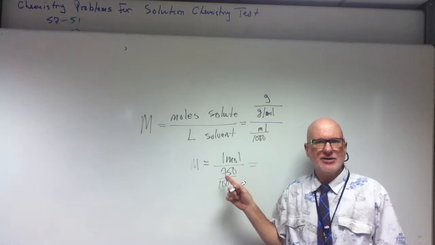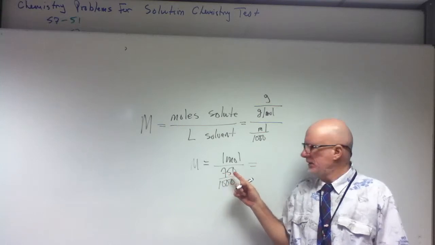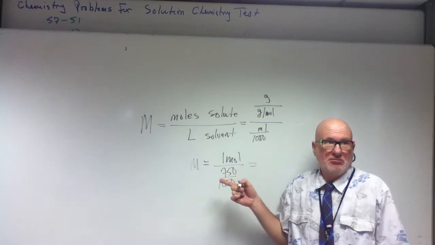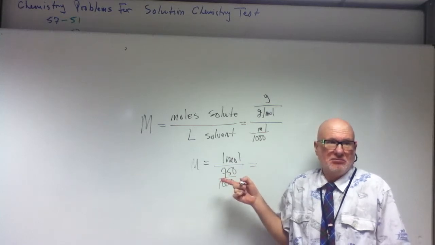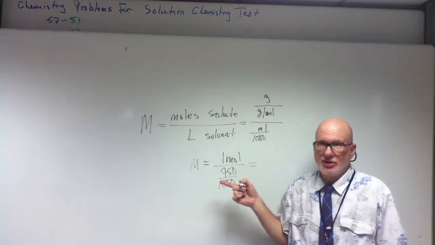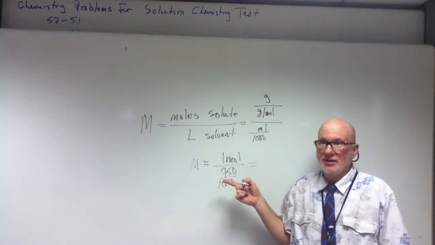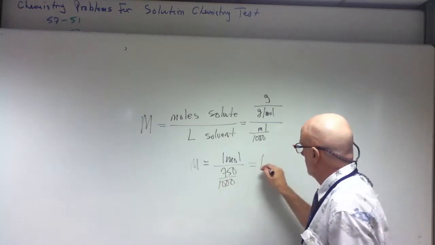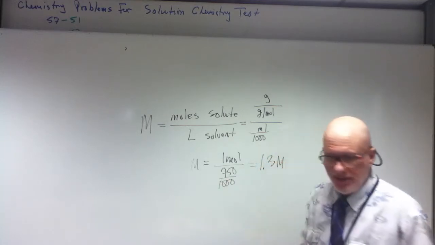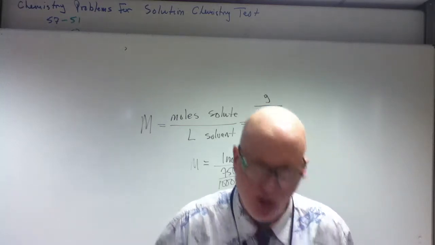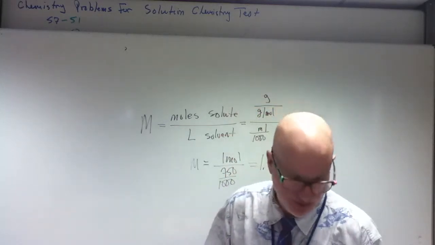I need calculators out. So what is 1 divided by 3/4? Come on, guys. 4/3, right? 1.3? Isn't that right? Yes? Okay. 1.3 M.